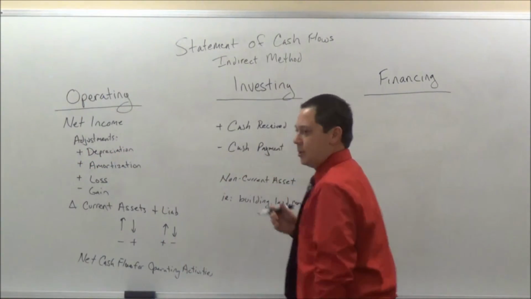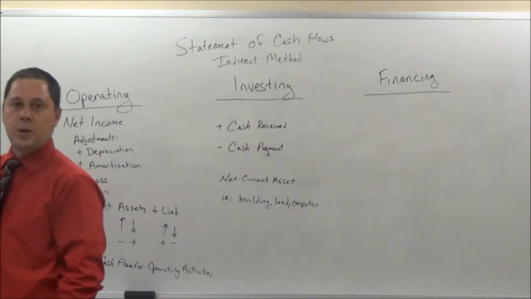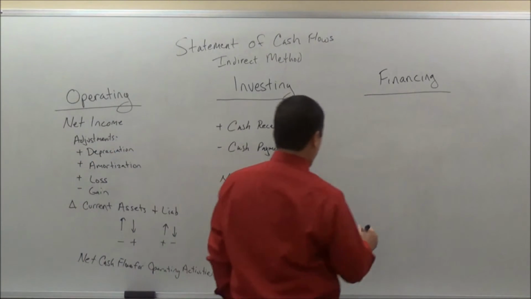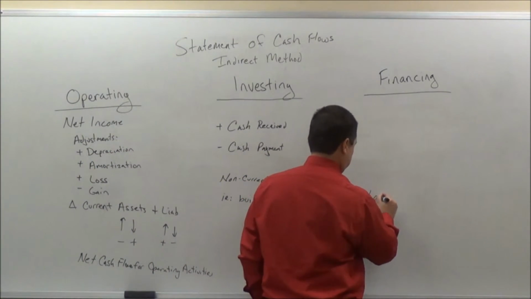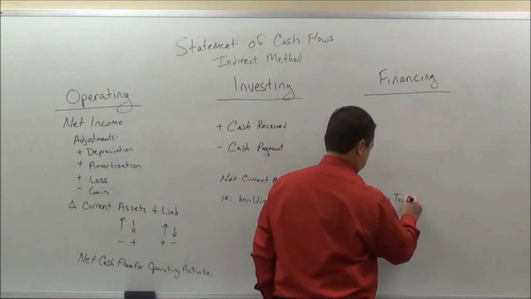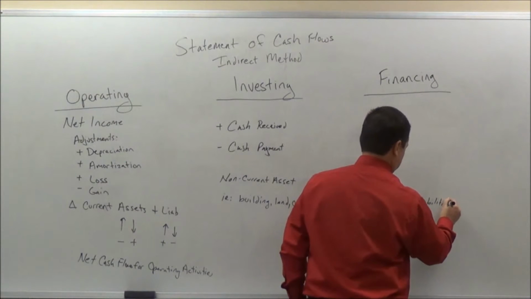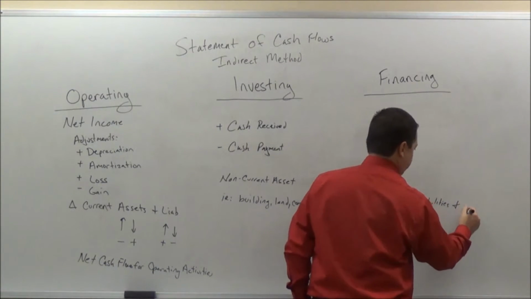So we'll add in the cash received and take away the cash payments. Now financing is similar to that in that we will follow basically the same sort of ideas there. So this primarily affects long-term liabilities and our stockholders' equity.